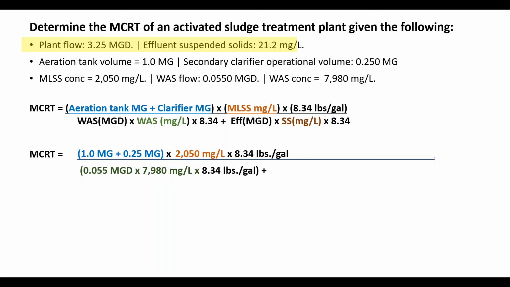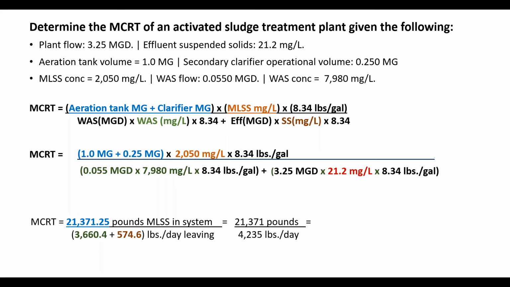The influent is 3.25 million gallons per day, and the effluent is 3.25 million gallons per day. So 3.25 times the suspended solids of 21.2 milligrams per liter times 8.34. So you multiply those all out, and you get a total solids under aeration of 21,371 and 4,235 that are leaving.